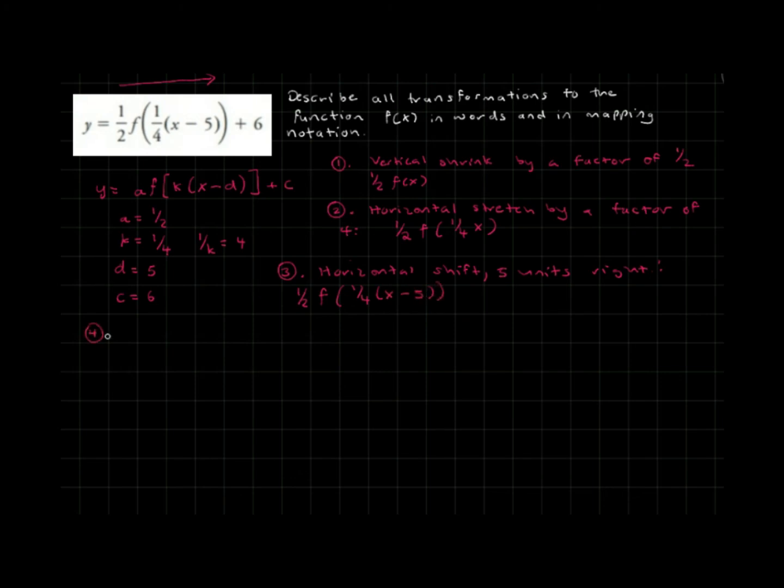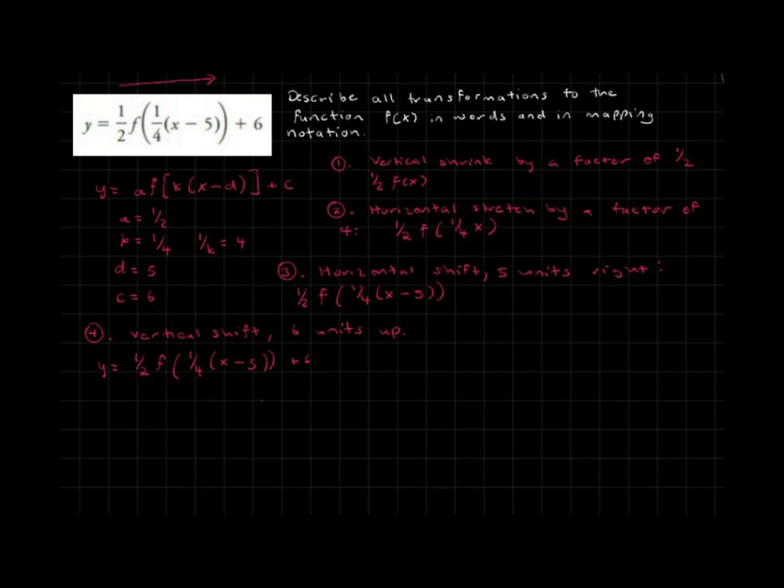Our fourth transformation is a vertical shift 6 units up, so we have the equation 1/2 f of 1/4 x minus 5 plus 6. So this is what our transformed function looks like. I can show you what it means piece by piece.